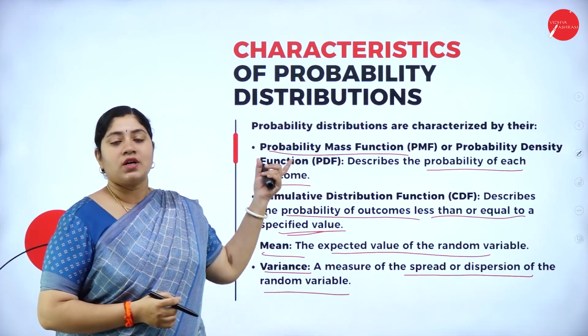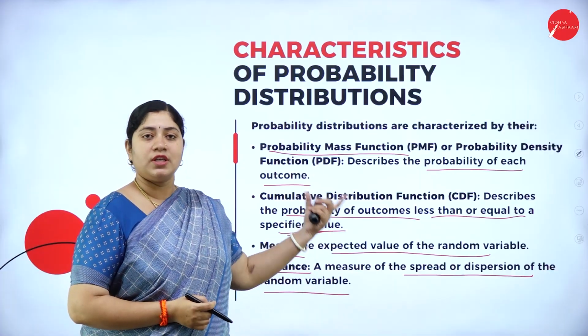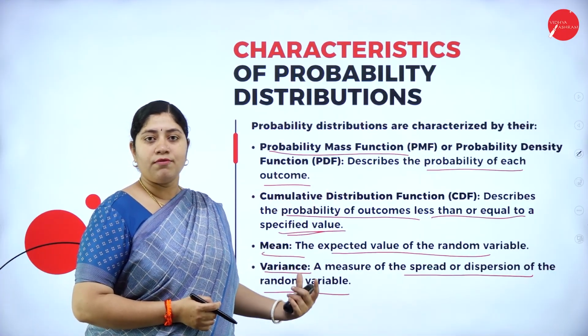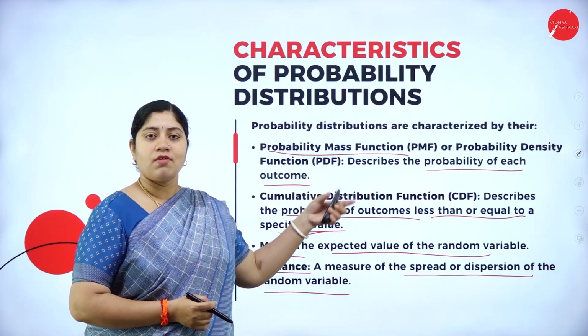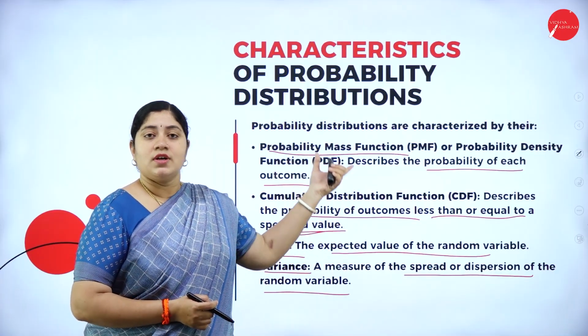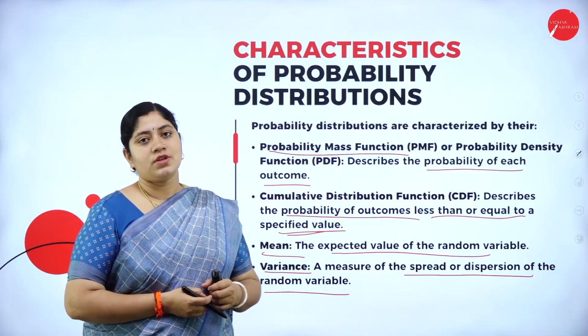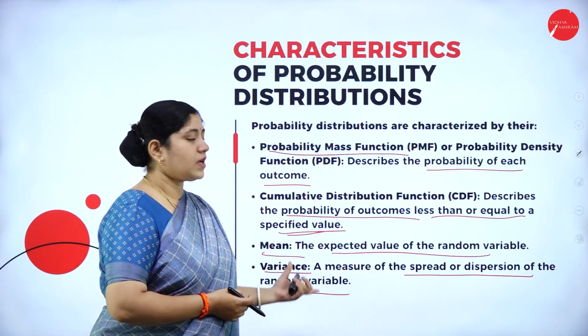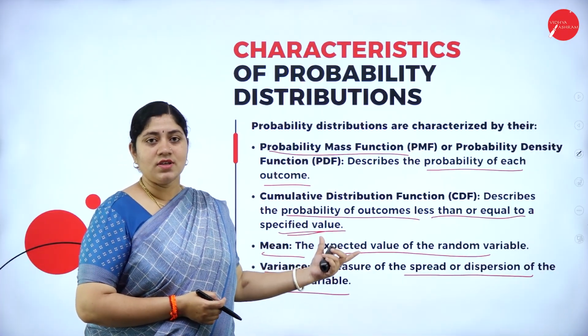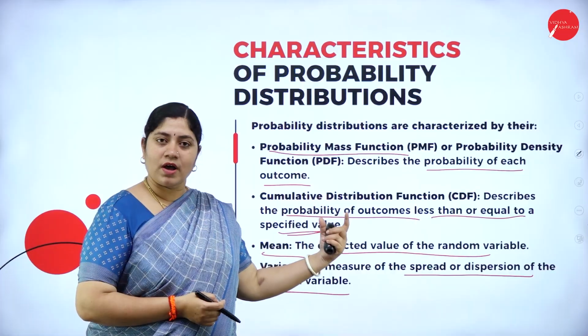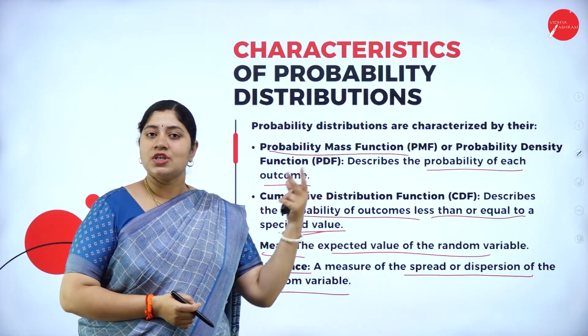All these are the different properties that we study with each and every distribution. We have multiple subtypes under discrete distribution and also under continuous distribution. These are the properties or characteristics which we can define with each and every outcome.